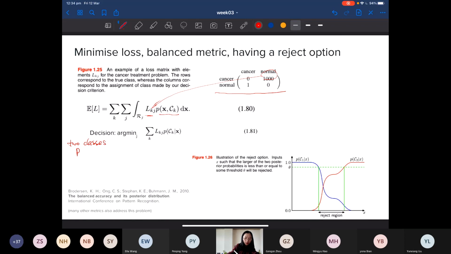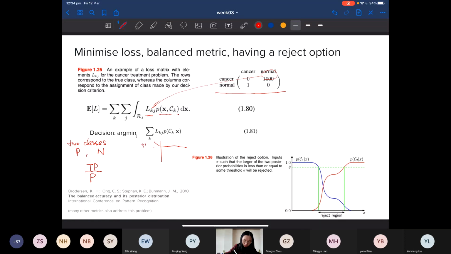Then we could devise balanced errors such as by calculating the fraction of correctly classified data points in the positive class. So, true positive.